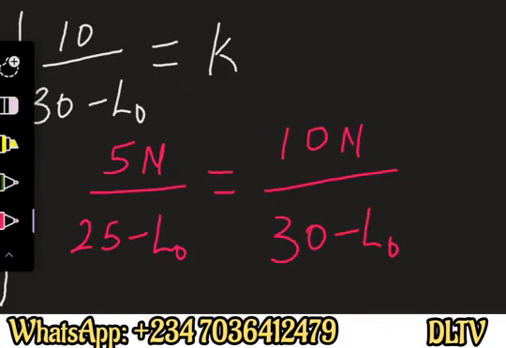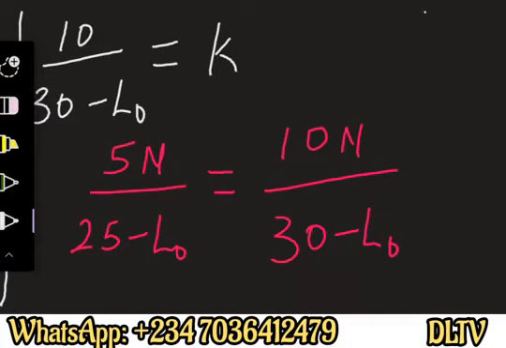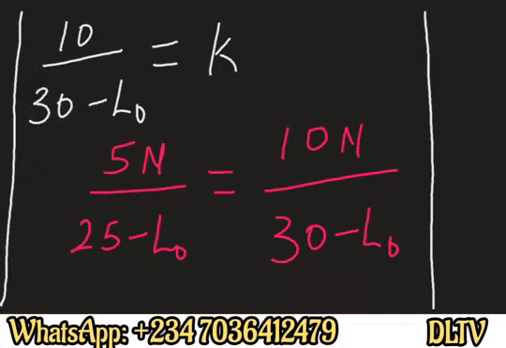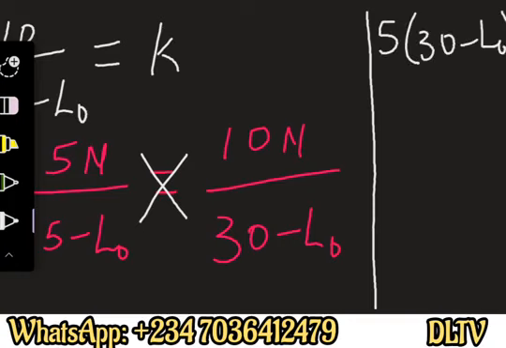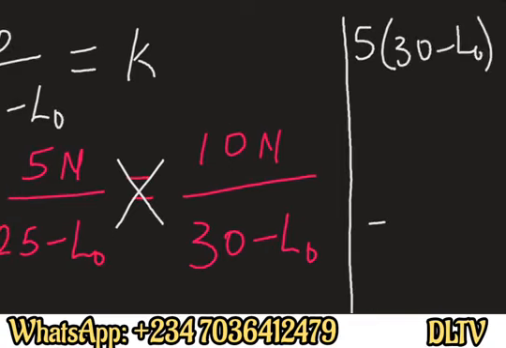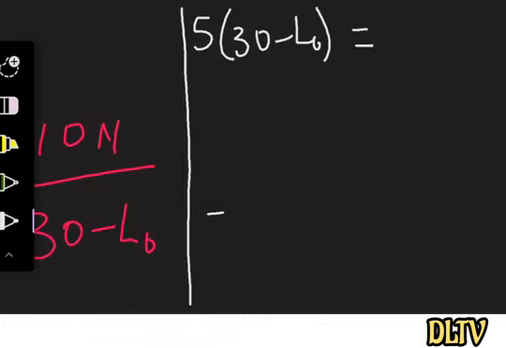So equivalent fractions, equivalent expressions, because both expressions are equal to K, so we can say they are equal to each other. Now we are going to solve further. So solving, we are going to simply cross multiply, and when we cross multiply, 5 will go into 30 minus L0, and that should be equal to 10 going into 25 minus L0.